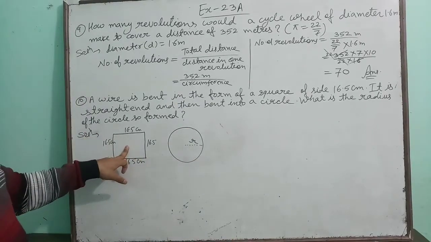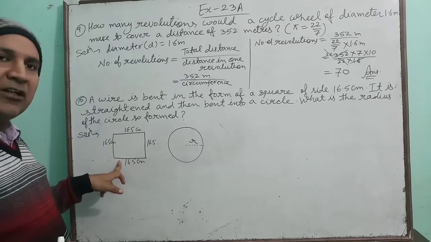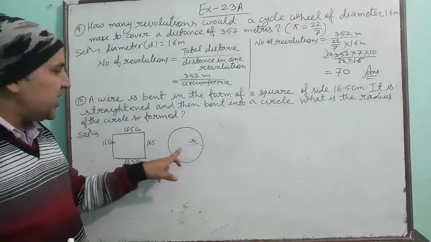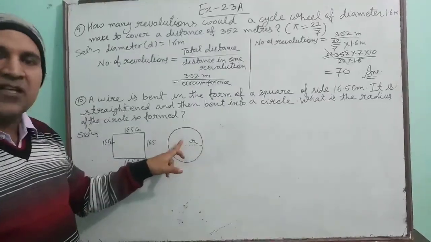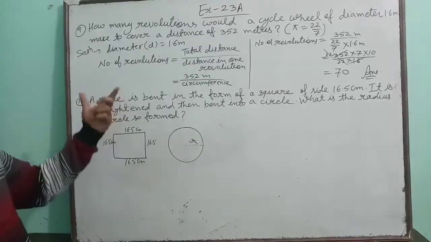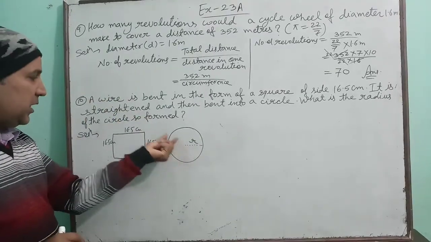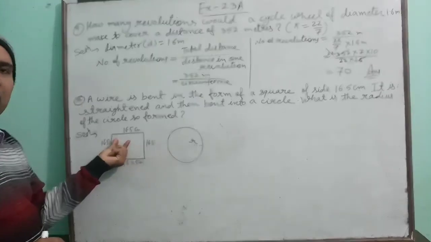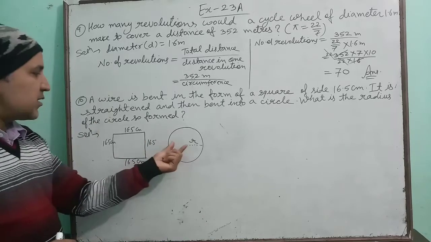In the case of a square, the length of the wire is equal to perimeter of the square. And in the case of a circle, the length of the wire is equal to circumference of the circle. It means in this question, circumference of the circle is equal to perimeter of the square. This is the concept which you have to understand.